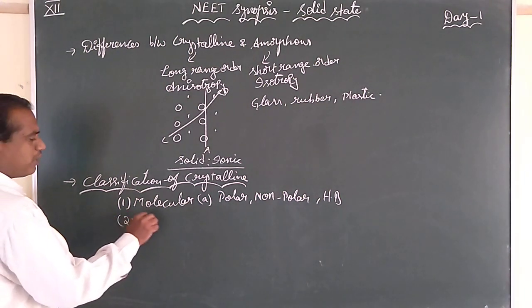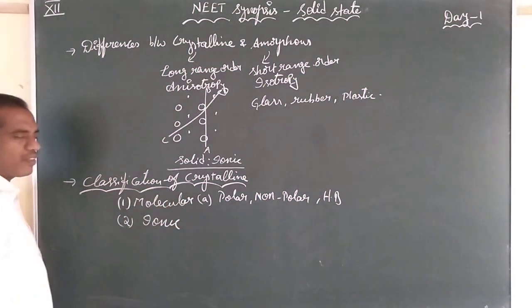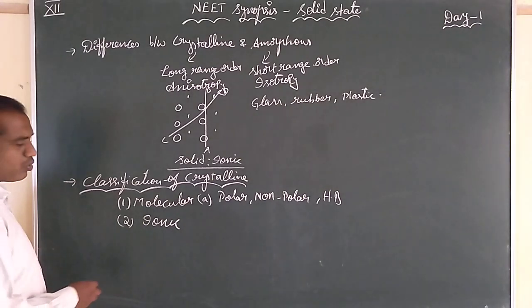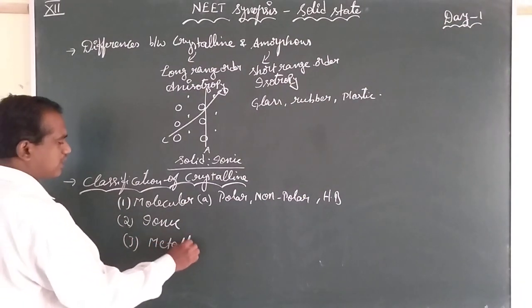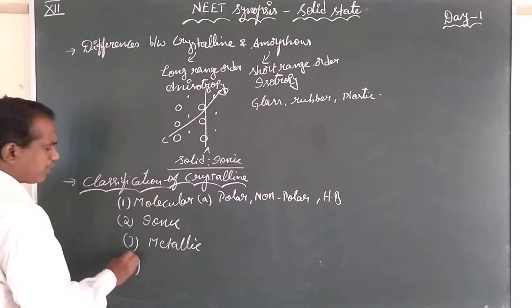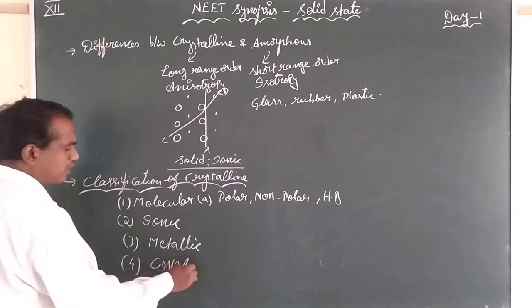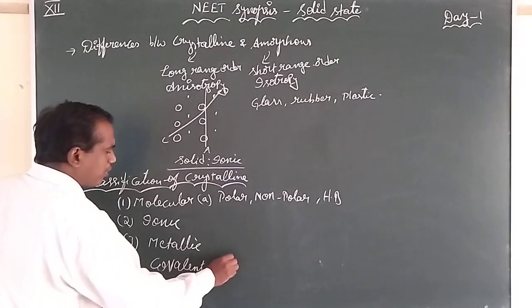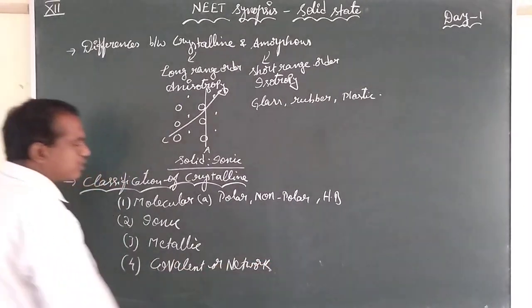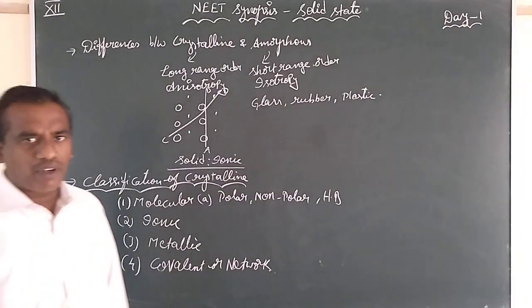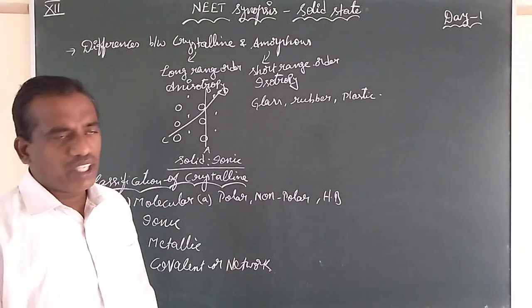The second one is the ionic type of crystalline solids, or the metallic type, or the covalent or network type of crystalline solids. So this whole area is given in the form of tabulated data in the textbook. Please go through that area.